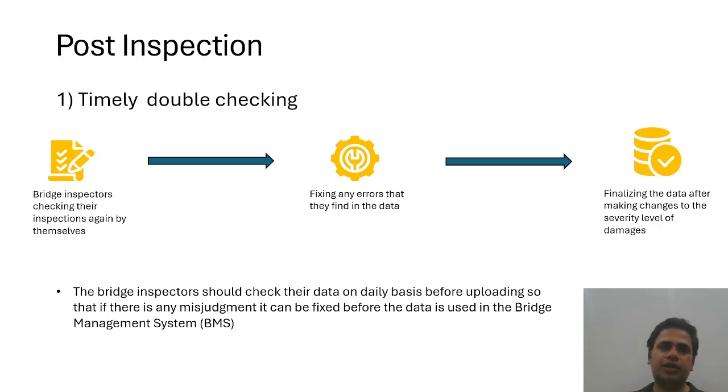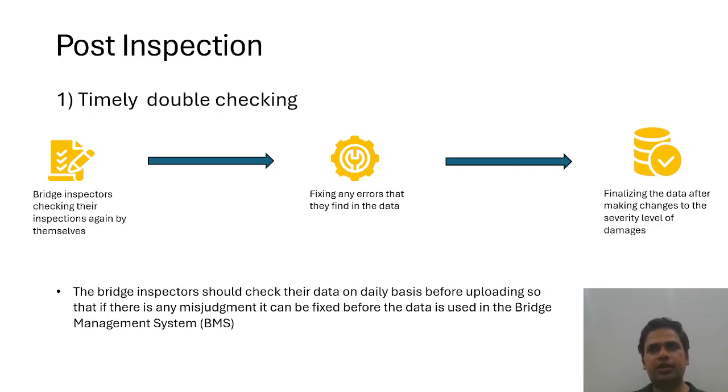For example, if you have taken an image of a defect and you have labeled it as category 3 damage at site, maybe when you come back, you should again discuss with all your colleagues and have their opinion and build a consensus. You might need to revise this level.